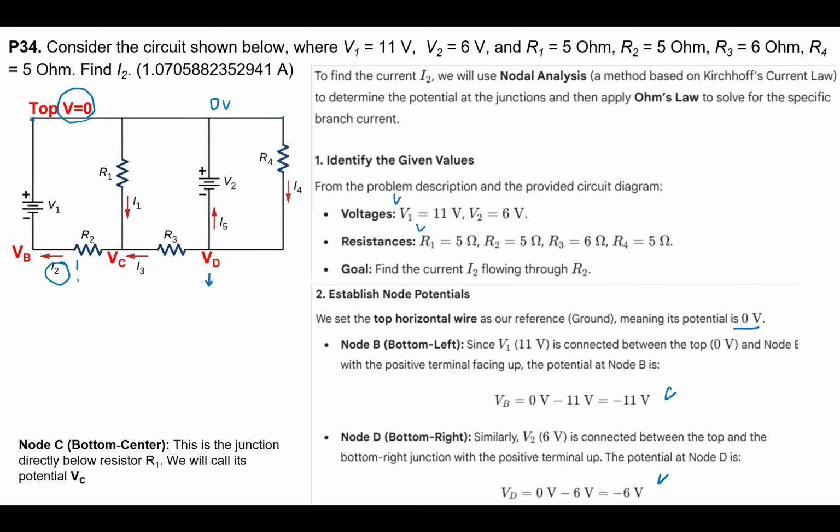If you look at the voltage 2, there is a lower and a higher side, and the higher part is 0 volt, then obviously VD should be minus 6 volt because V2 is 6 volt, okay? V1 is 11 volt. So now we know that VB is minus 11 volt, VD is minus 6 volt, okay? That's what we know. And then what about the node C? We'll call it VC, okay?